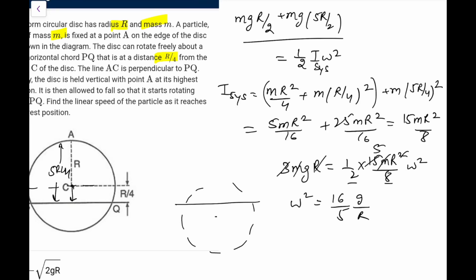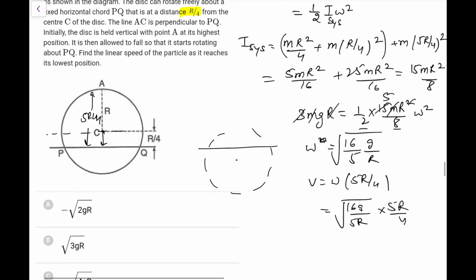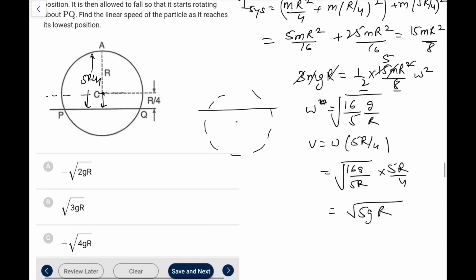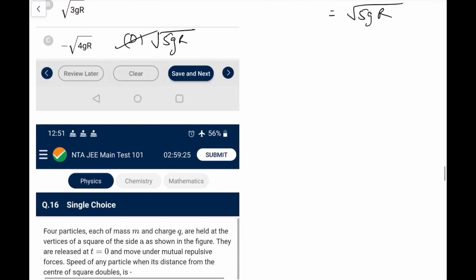Now the linear speed of the particle would be omega into its distance, 5r by 4, so it is root of 16 g by 5r into 5 r by 4, so the 4 and 4 will cancel, and this will directly be root 5 gr. Out of the options, go for option D here.